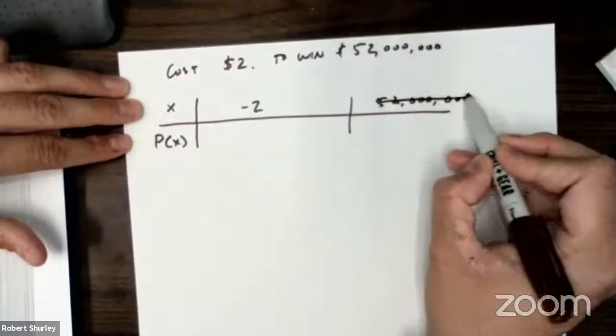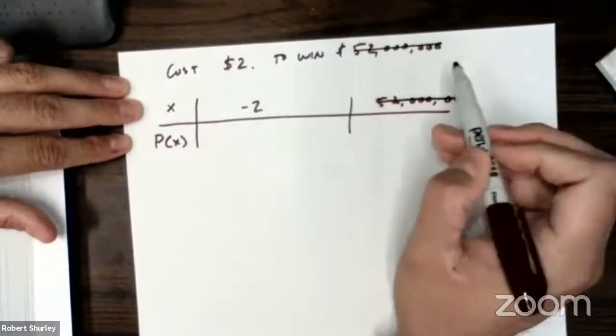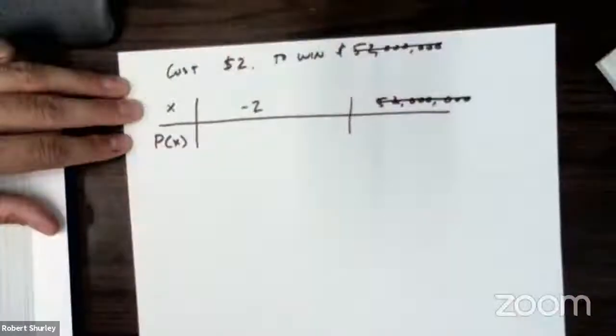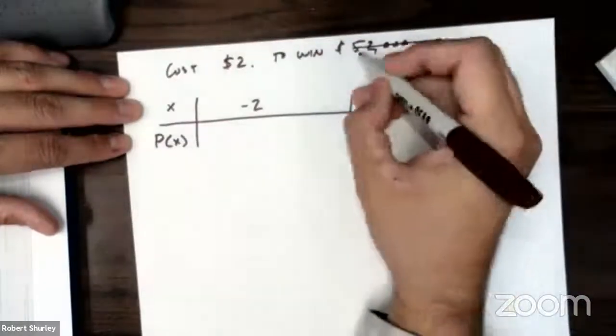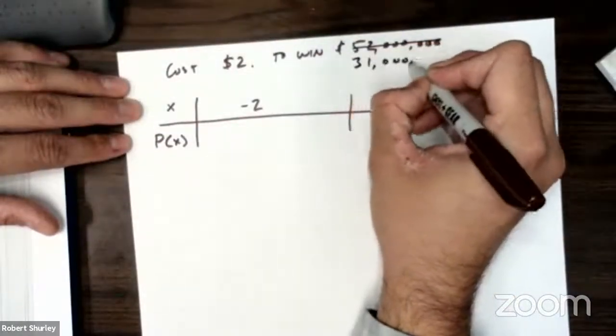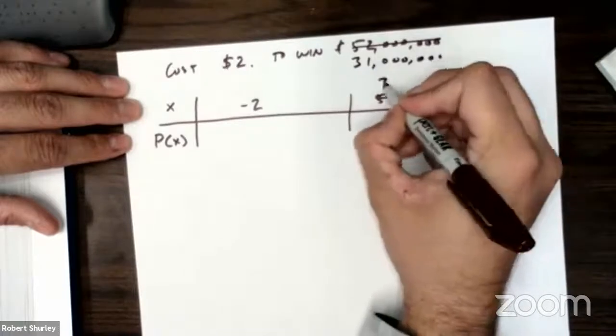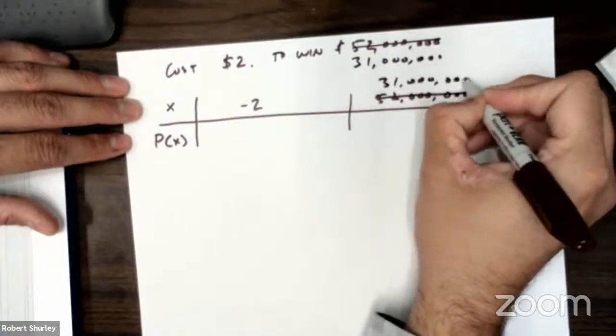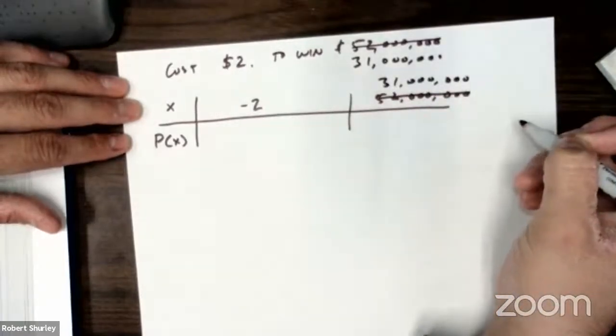You wouldn't win 52 million today. You probably have to pay about 40% in taxes. So I think it's 36%. So you put about 36 in taxes, is that what you said? I think so, yeah. So let's say you only get 60%. Let's say you get 31 million. Okay? 31 million because of taxes. Boo.